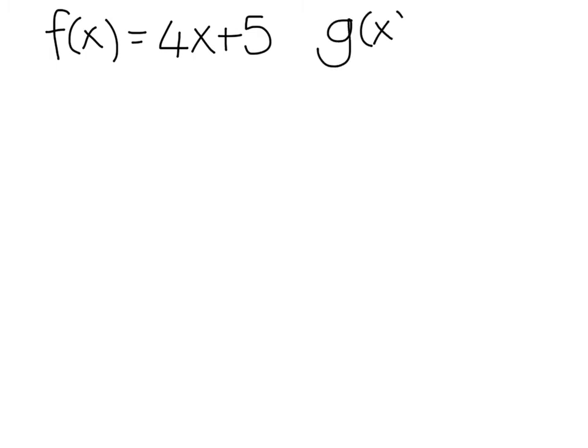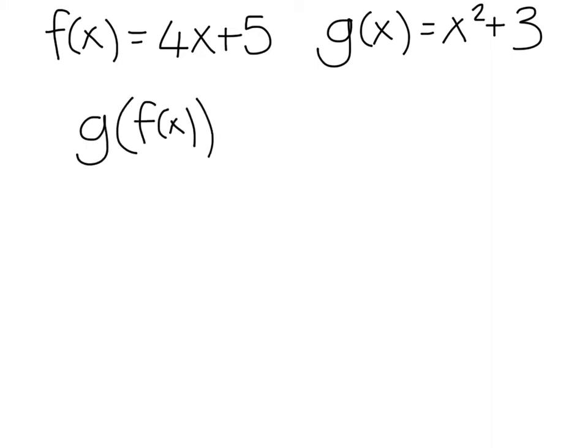So f of x, first of all, is equal to 4x plus 5, and g of x is equal to x squared plus 3. What we are trying to find here is h of x, which is the composite function g of f of x.